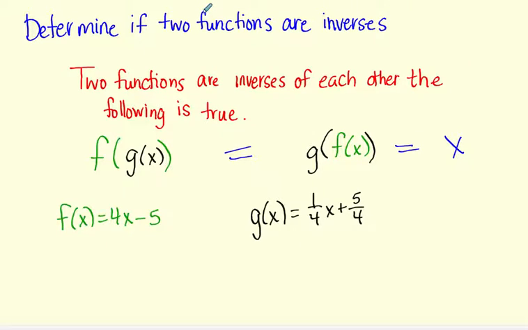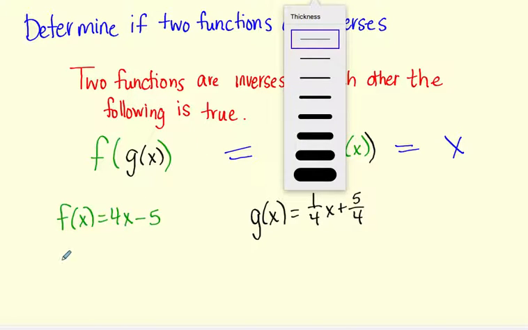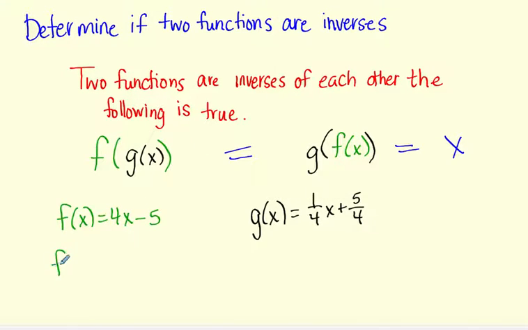So what you do here is you will notice that instead of x, I'm replacing that with g of x. So in our problem, if we did f of g of x, this right here replaced this x.